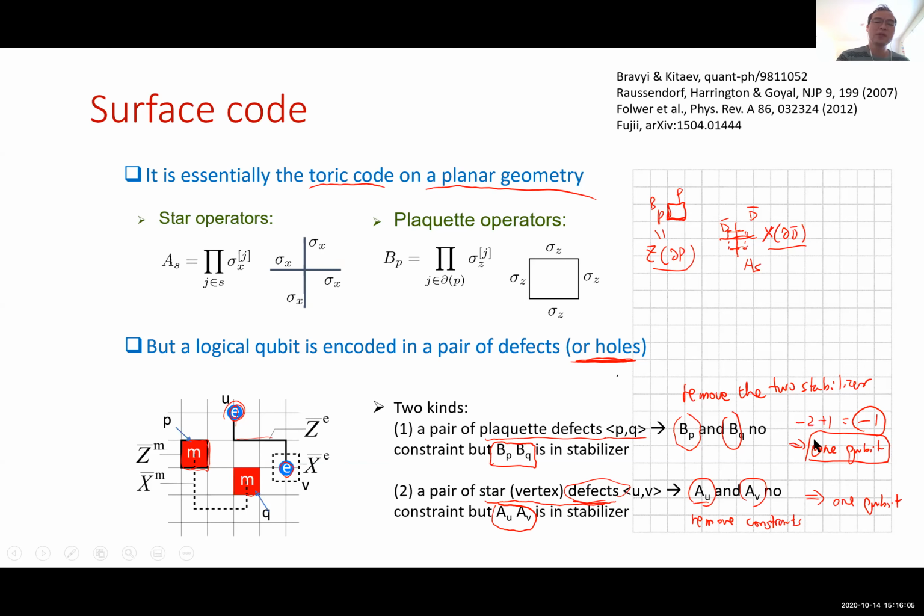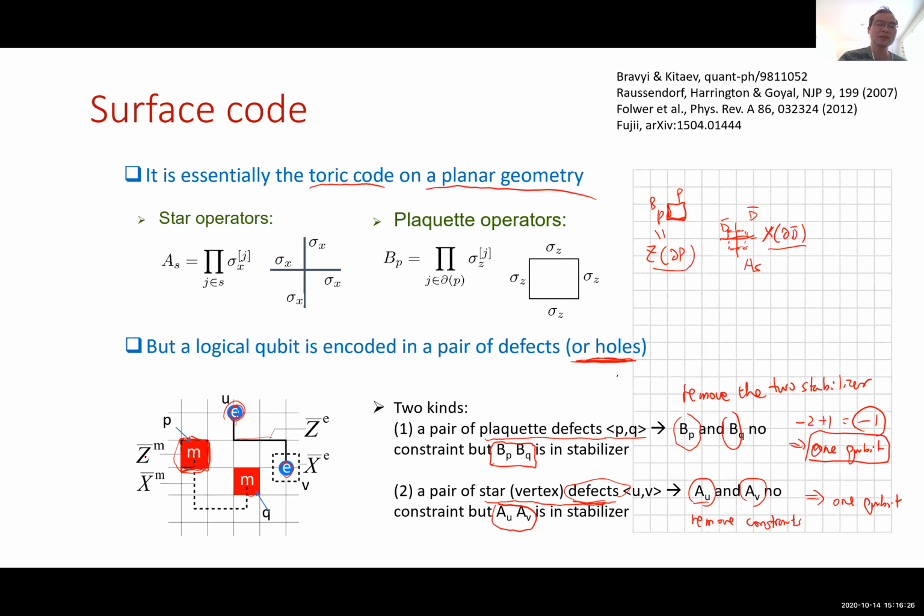So then you can ask, what are the logical operators? For example, since this is not enforced, the product of this operator is not in the stabilizer, and it commutes with the stabilizer.